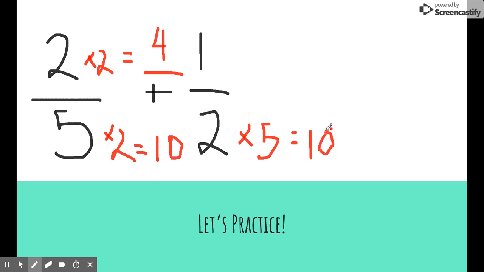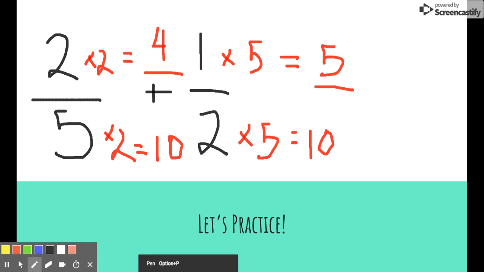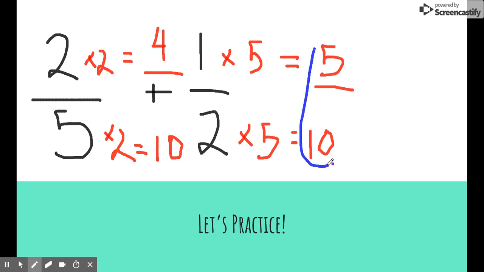And whatever we do to the bottom, we do to the top. So we do 1 times 5, since we did 2 times 5. And now we know 1 times 5 is 5. So now we're left with the new fractions of 5/10 right here, and 4/10 over here.